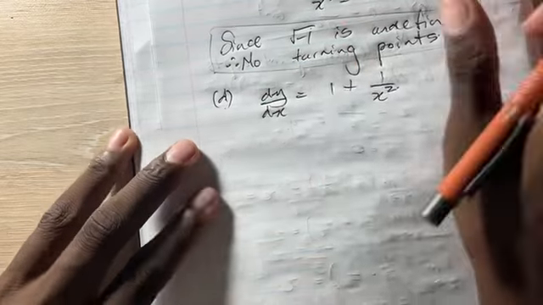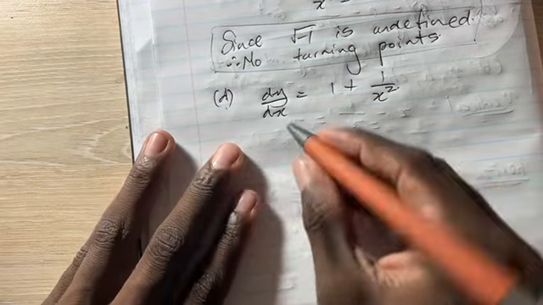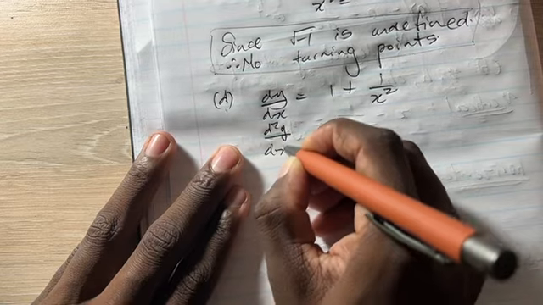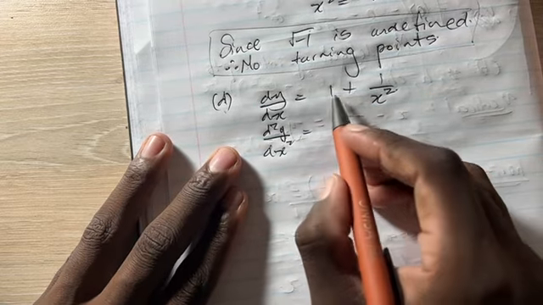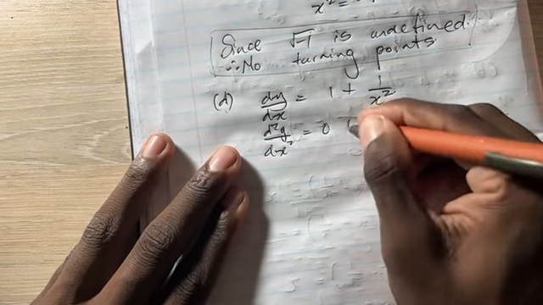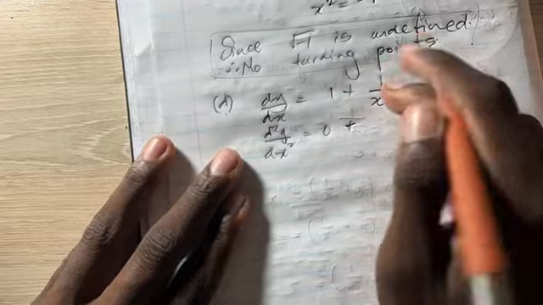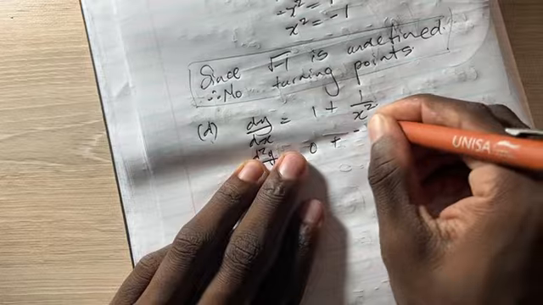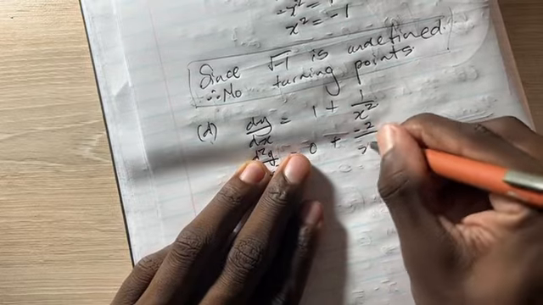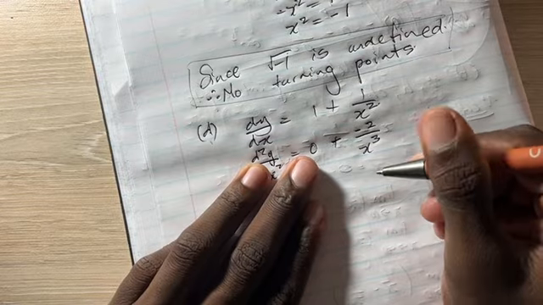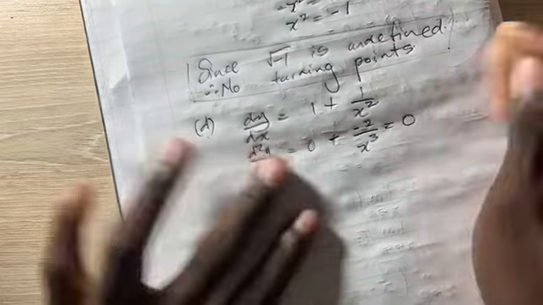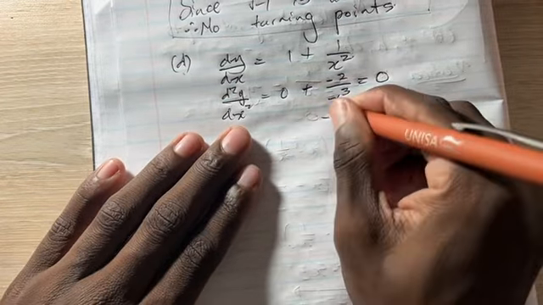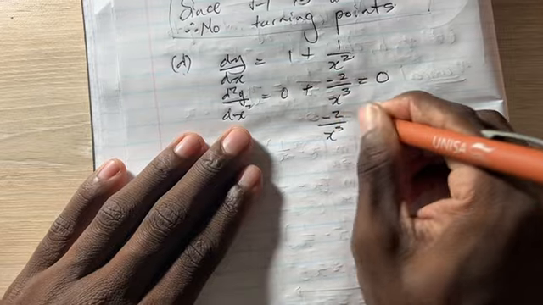Since that's the first derivative, to find the inflection points we have to find the second derivative. d squared y on dx squared equals 0 plus, if you differentiate this using the same rules as before, negative 2 over x cubed, equals 0.